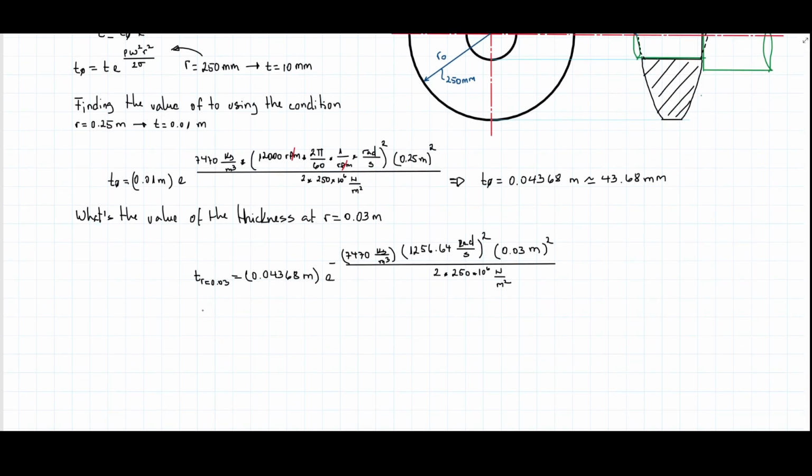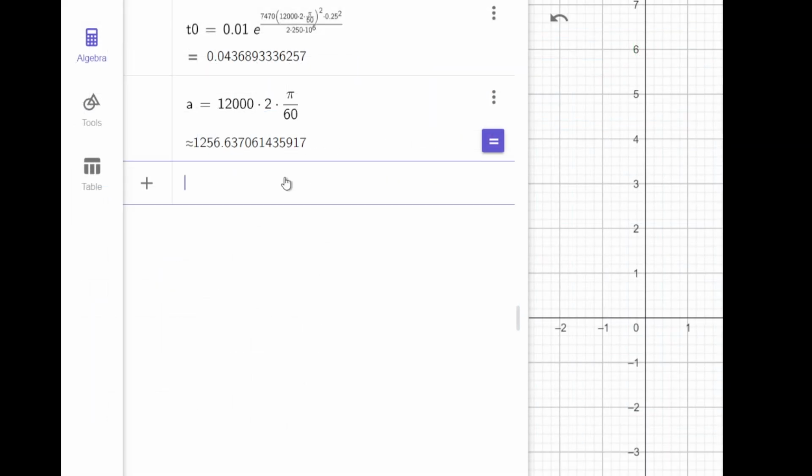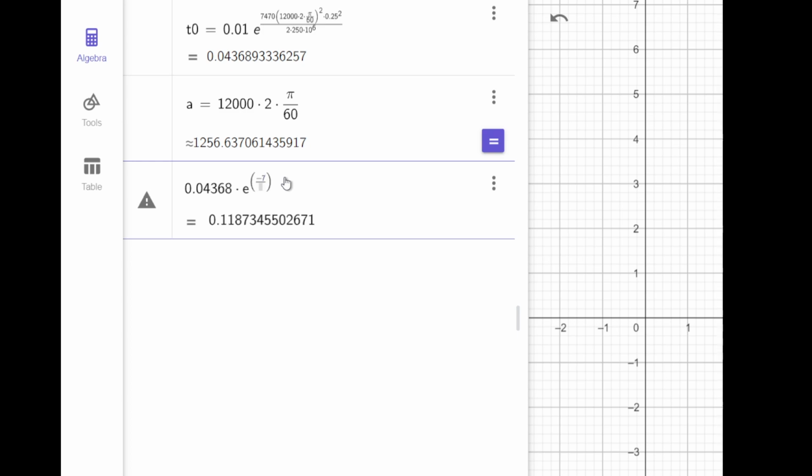So let's go back to GeoGebra and find out how much T is when the radius is 0.03 meters. Again, let's write down the equation. We're going to have T0, 0.04368, times e to the power of, let me open parentheses, and put the negative here, 7470 times 1256.64, this is angular velocity squared, times 0.03, this is the radius squared.